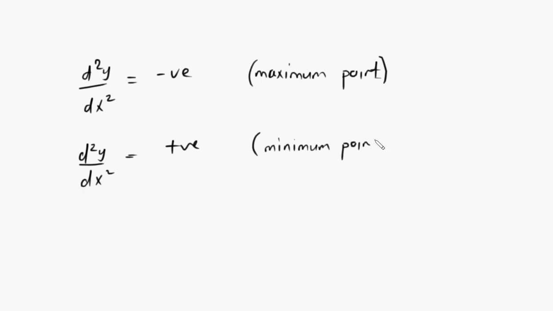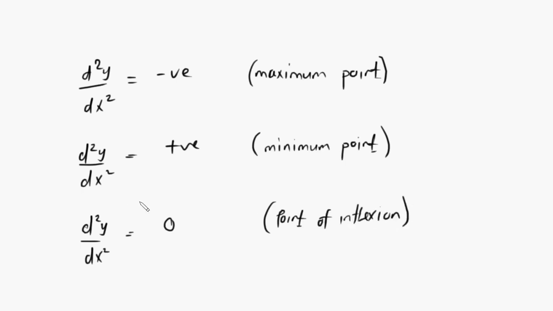Angalia ile video ya maximum and minimum values 2. Okay? Lakini sasa kwa point of inflection inakuwaje? Ukipachika ile turning point kwenye hii second derivative, jibu likaja 0, then hiyo ndio inaitwa nini? Point of inflection. So I mean you can test it kwa hiyo ambayo tumetoka kufanya.